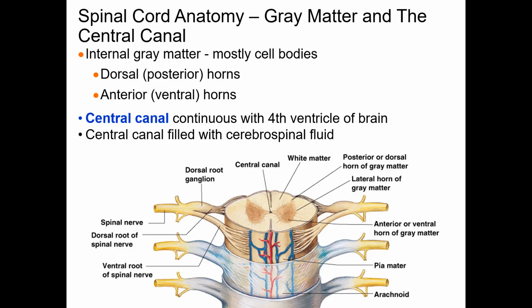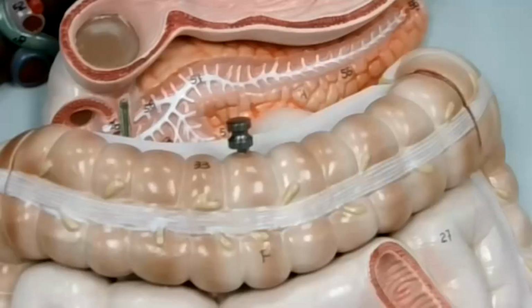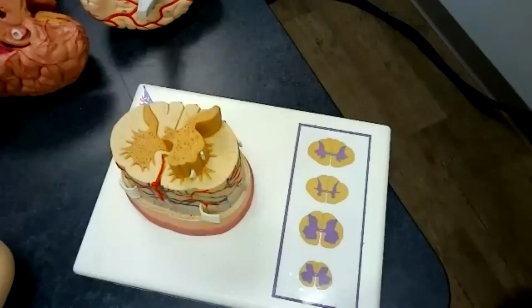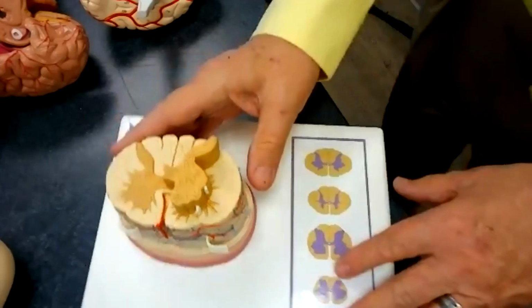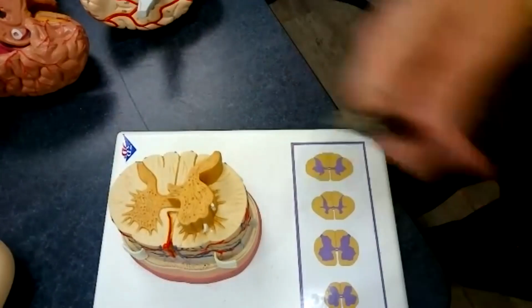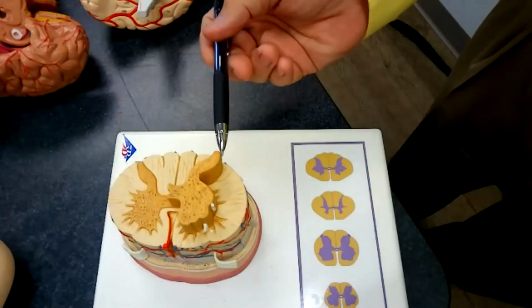Looking at our little model now, these are the dorsal horns here.